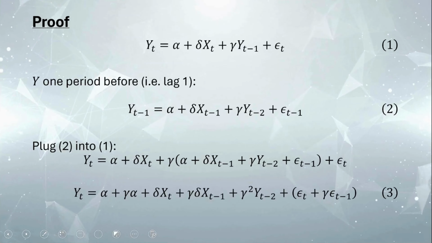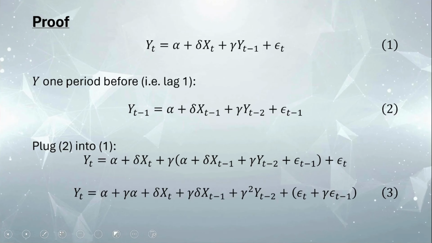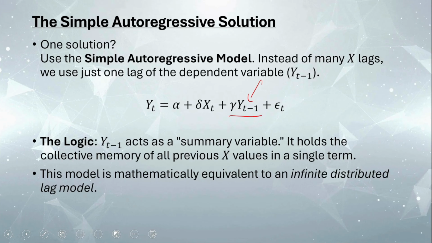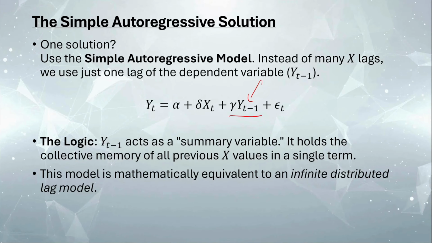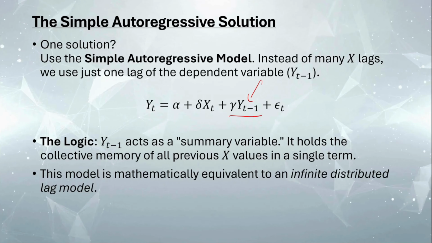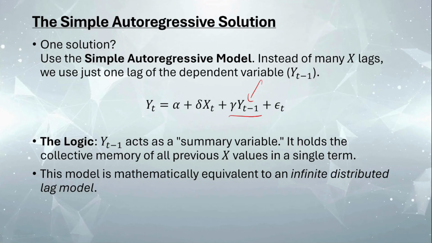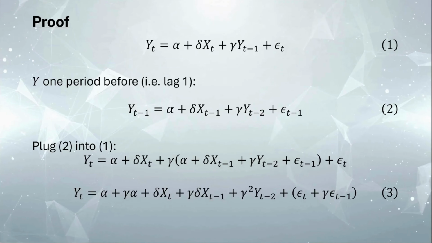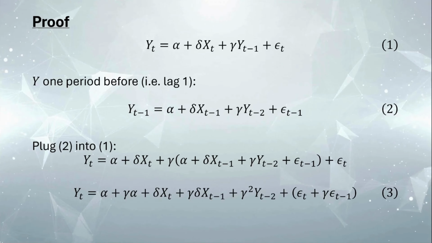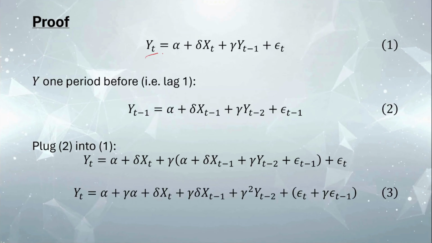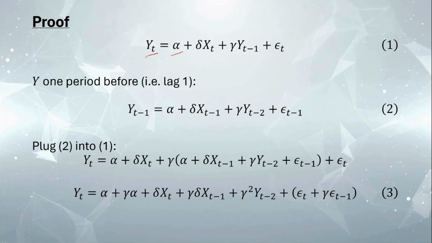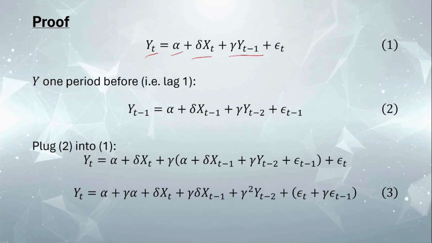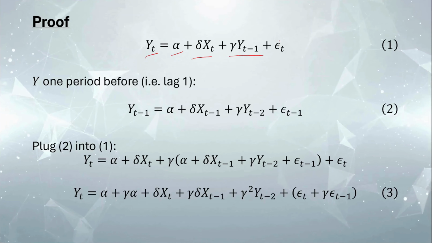Now the proof here is that, look at this. We start with the simple autoregressive model. Let's say this is yt. yt equals alpha plus delta xt plus gamma yt minus 1, and then you have the error term.